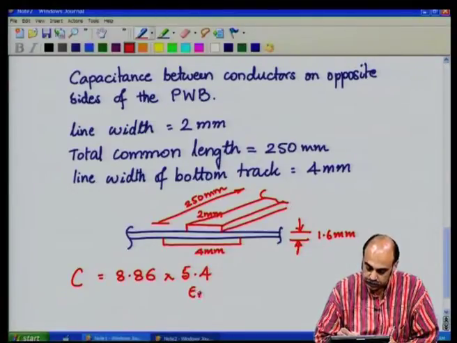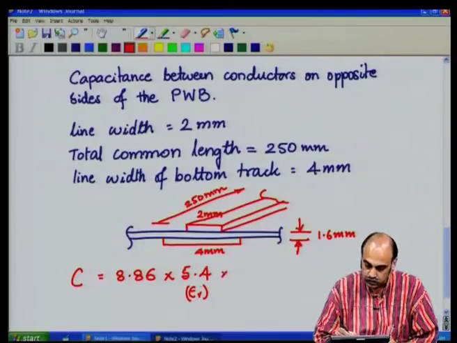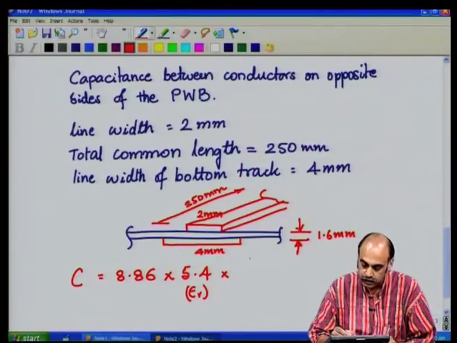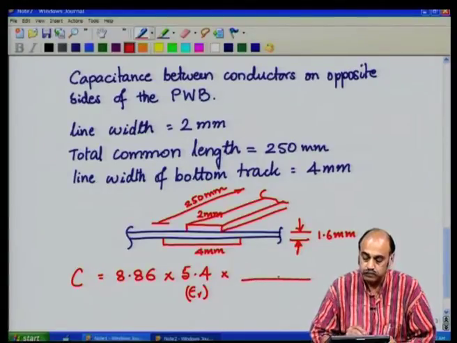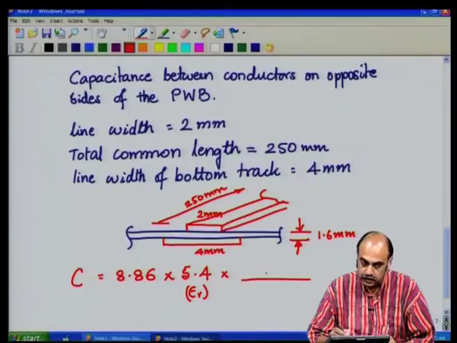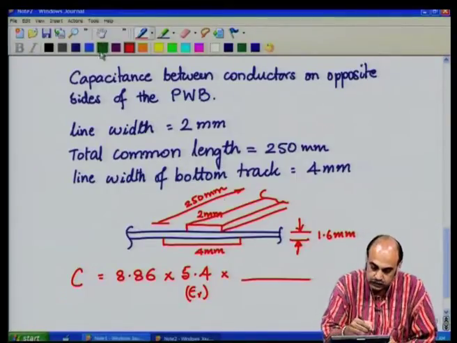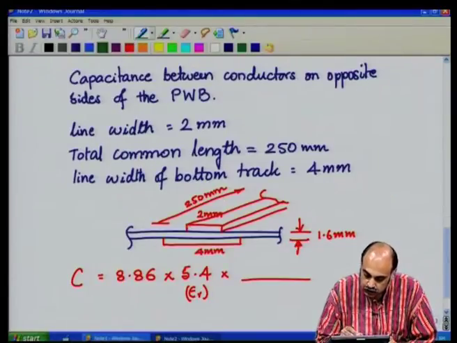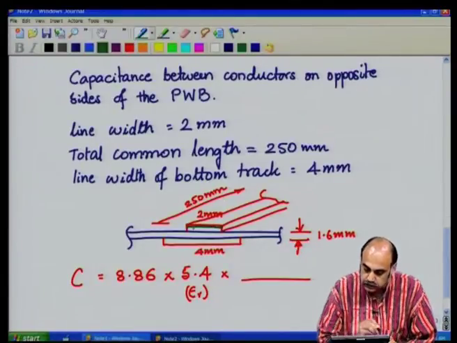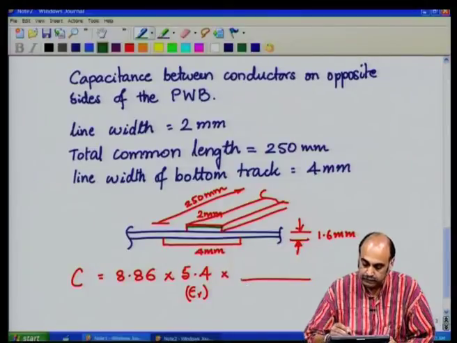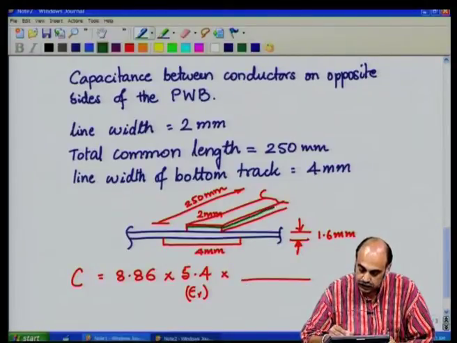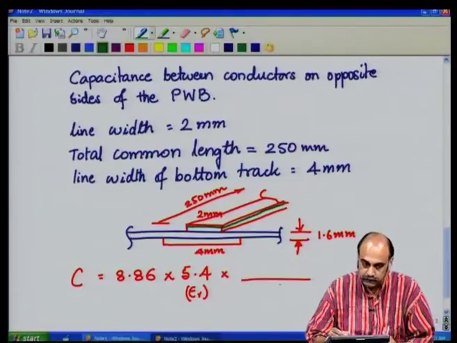This is our epsilon r, remember, into the area. Now, the area is nothing but, this is the smaller of the two tracks having a track width of 2 mm and the length of 250 mm on this side.